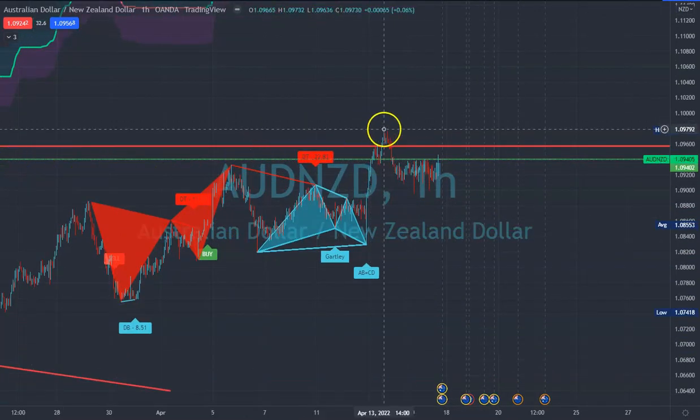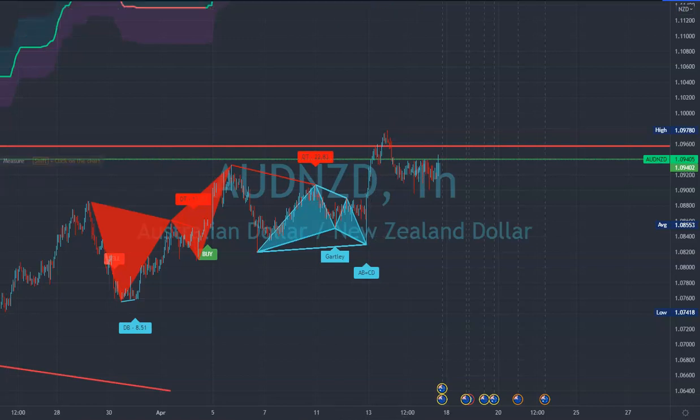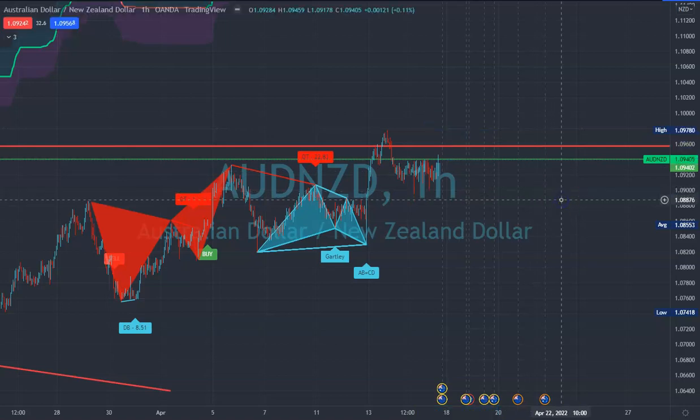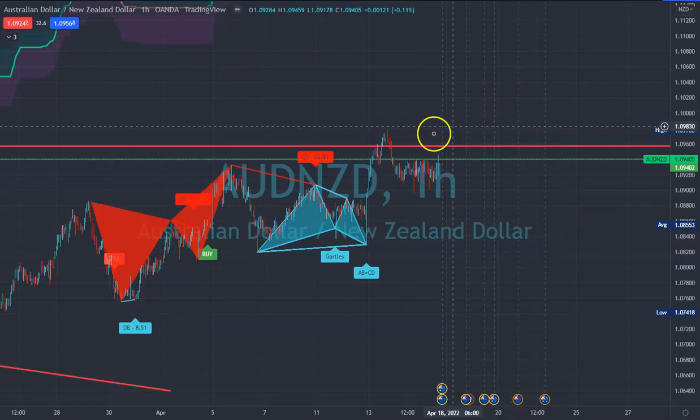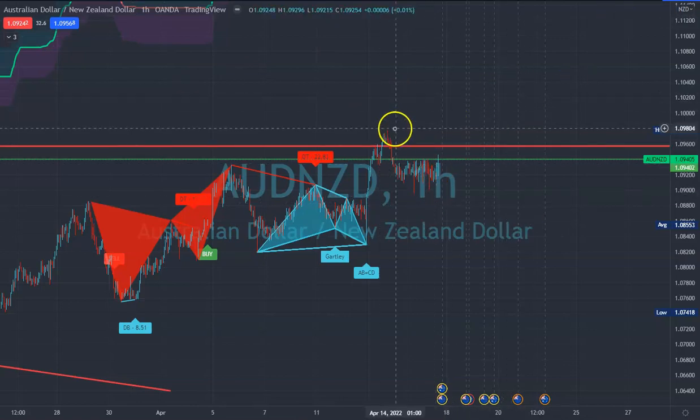Up here, it's a smaller distance of just 43 pips. When USD JPY moves 100, does this only move 20? I don't know. Anyway, it would be interesting to see how this does.